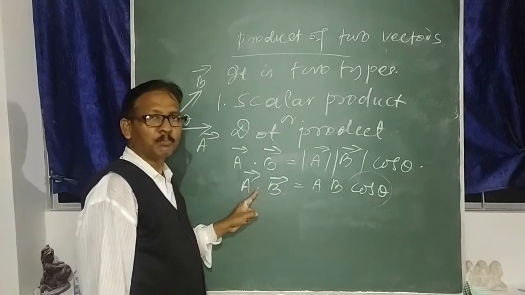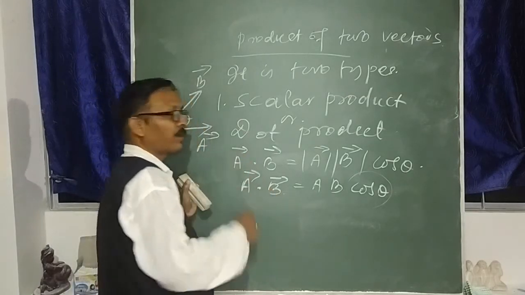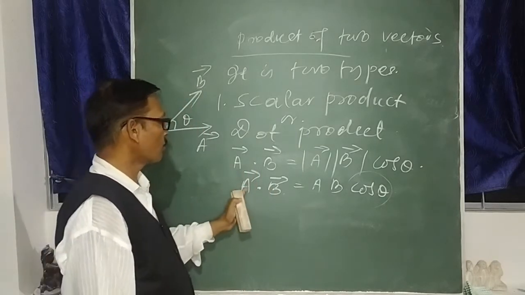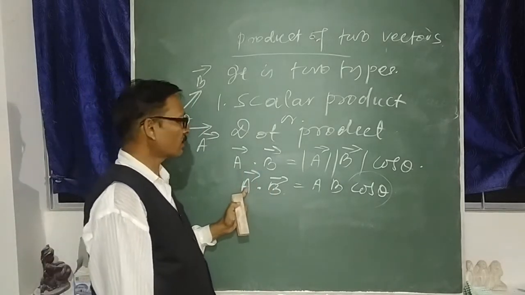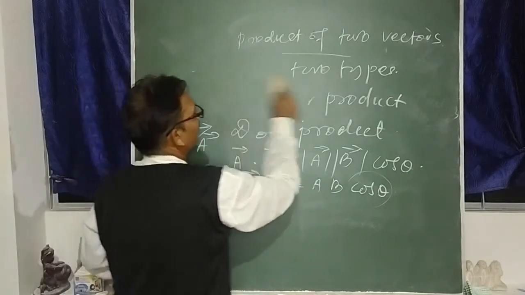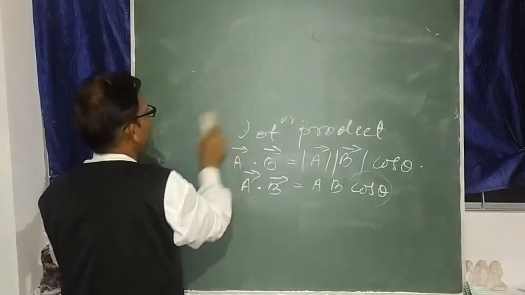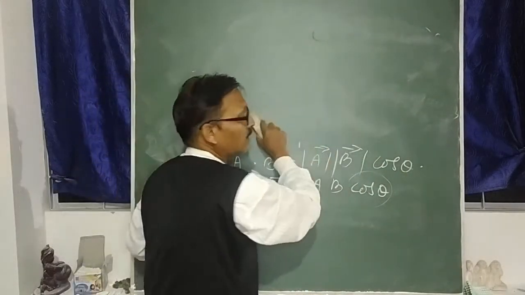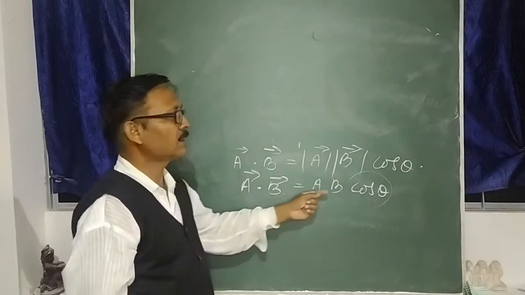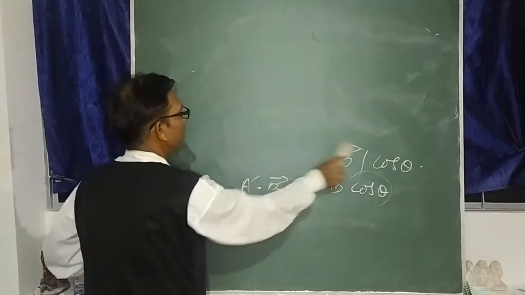Dot means you put just a point here, that is called dot. So it is called dot product or scalar product. So when two vectors are multiplied or dotted, the product is a scalar quantity, then it is a scalar product or dot product.